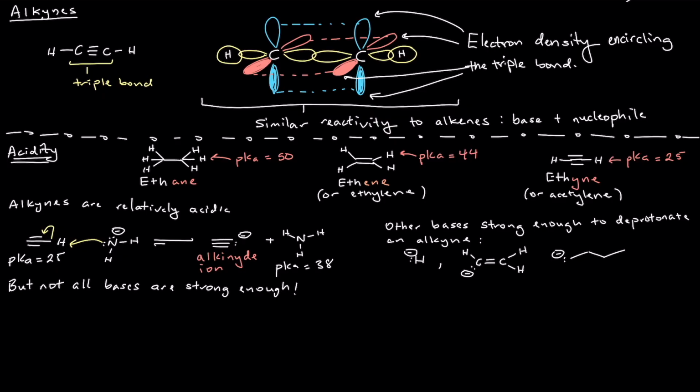For example, take your alkyne, in the presence of a hydroxide ion, you may consider an arrow-pushing proton transfer mechanism that can theoretically get you to your alkanide ion and water. But once again, the pKa of your alkyne is 25. This time, however, the pKa of your water is 15.7.